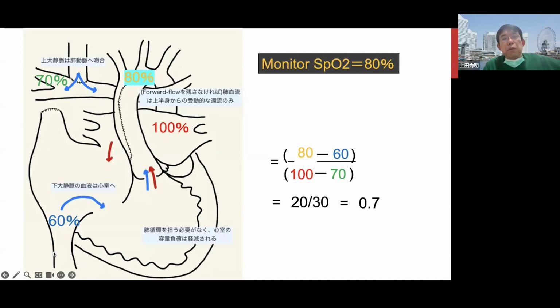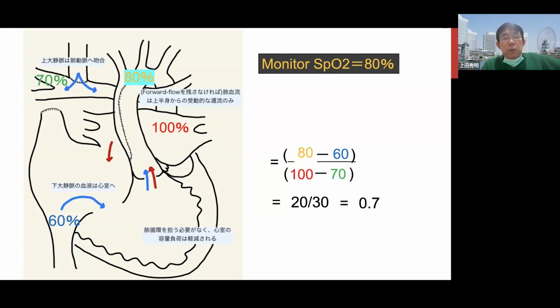80 is very important for us because it means the QpQS is 0.7, which means that soon after the Glenn shunt, the volume overload on the single ventricle is relieved very nicely. The burden on the single ventricle is reduced.